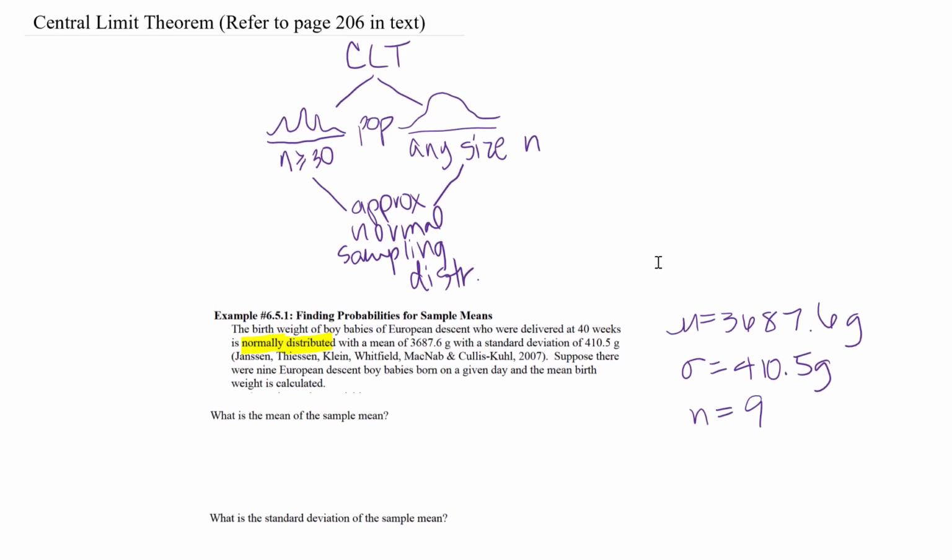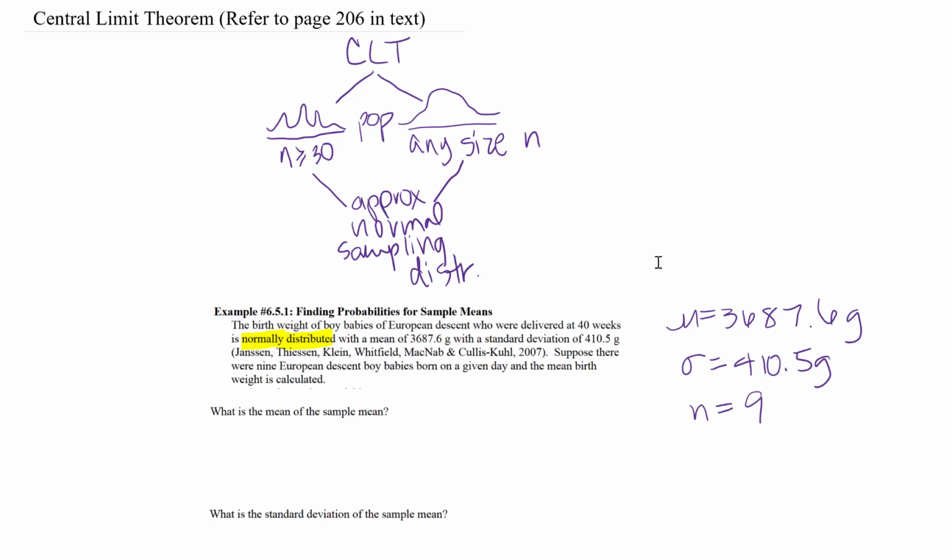To recall what we're talking about with central limit theorem, if they wanted us to find the standard error, or the standard deviation for the sample mean, we have to keep in mind that we have a small sample, so the population has to be normal, which it is. A size 9 is okay for that small sample because we can still use the central limit theorem and have an approximately normal sampling distribution.